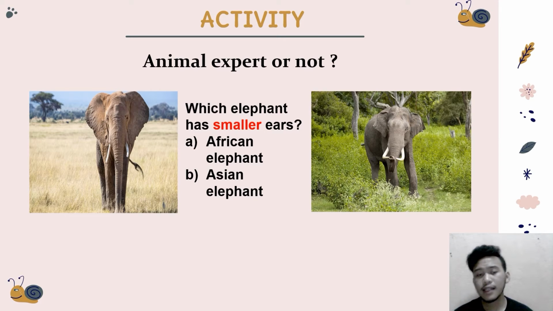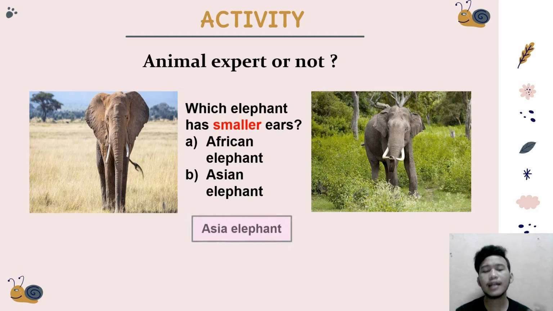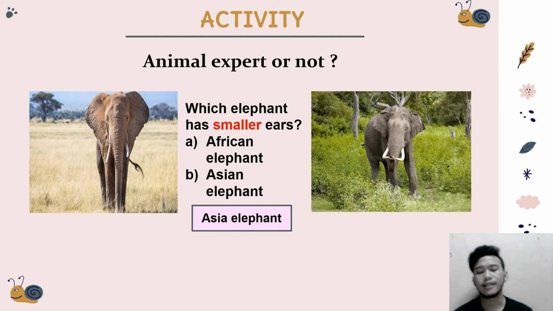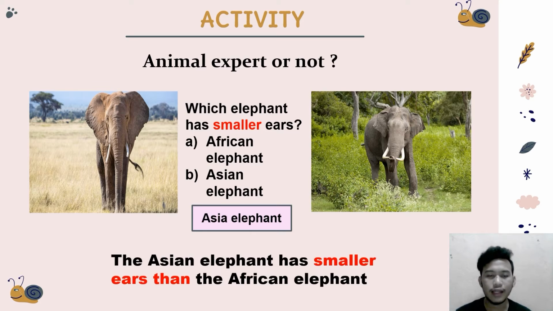So the answer is Asian elephant. So how can you say that Asian elephant has smaller ears than African elephant in English? Okay, you can say the Asian elephant has smaller ears than the African elephant. Okay, good job everyone. Okay, next.